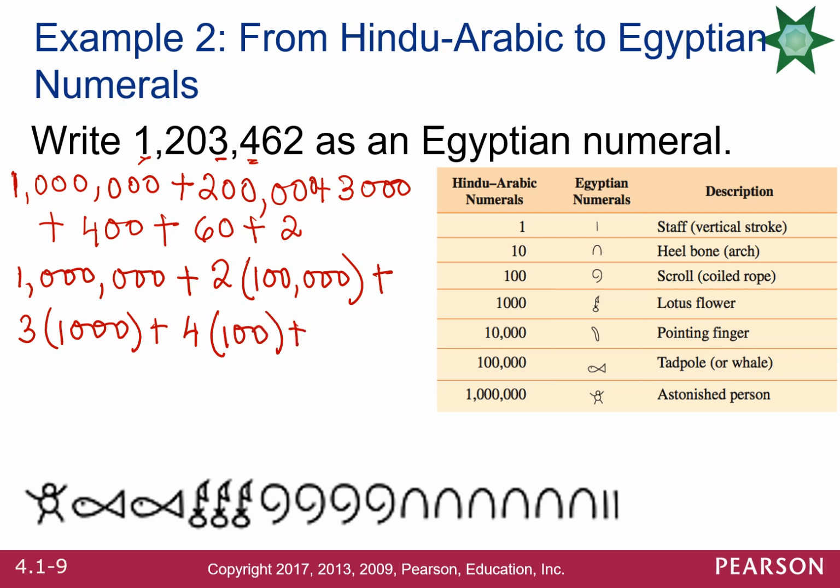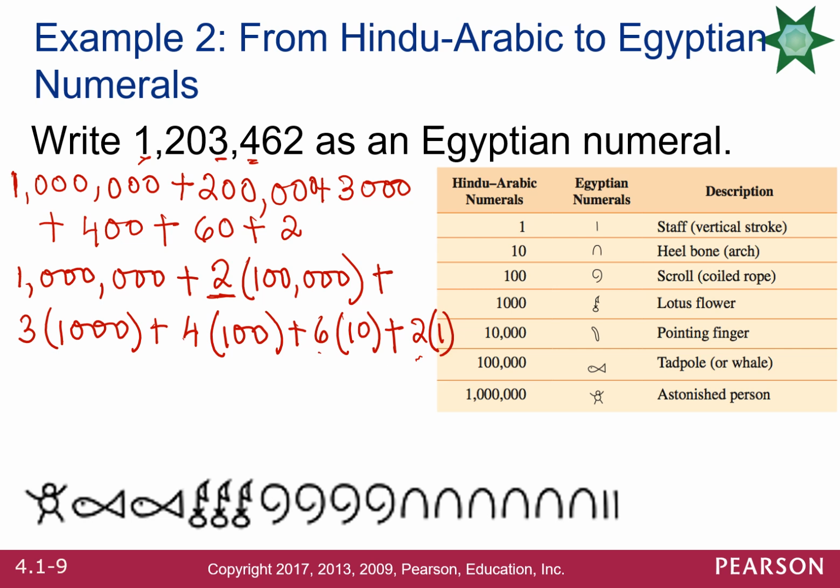Plus 6 10s. 6 10s. Plus 2 1s, correct? And now we can go and plug in the Egyptian numerals based on how many of each numeral will go in. The pattern will be determined by these numbers here, 2, 3, 4, 6, 2, and so on. All right, so there's 1 million.